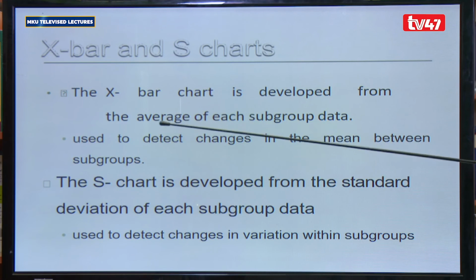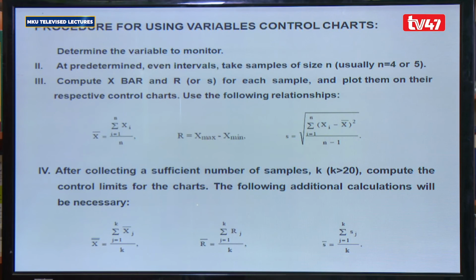So we use them to detect changes in the mean between subgroups. The S chart is developed from the standard deviation, as you've seen, whereas the X-bar chart is obtained from the sample mean.